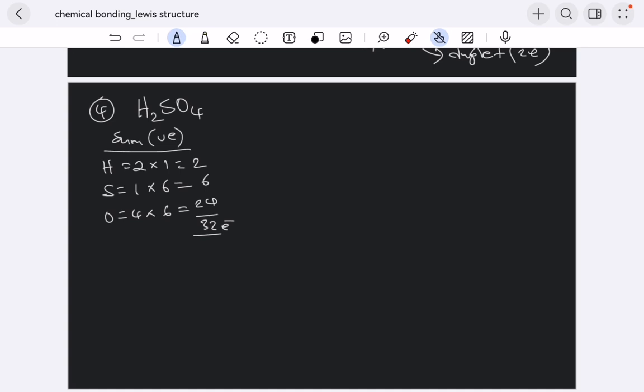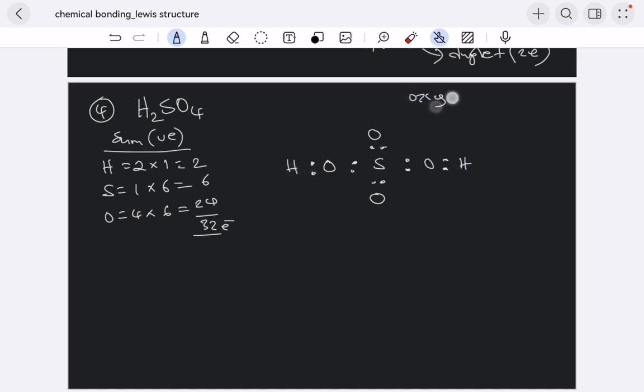So in this case, we have sulfur, then remember we have oxygen, oxygen, oxygen, oxygen, then the hydrogens will always come as peripheral.